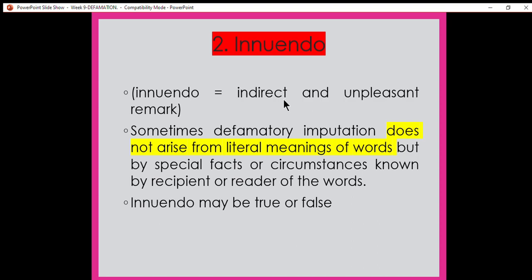Just now, under ordinary meaning, based on the natural meaning, when we read the statements, obviously we will avoid the plaintiff. That was for number one. But for innuendo, this is an indirect statement that leads to defamation.